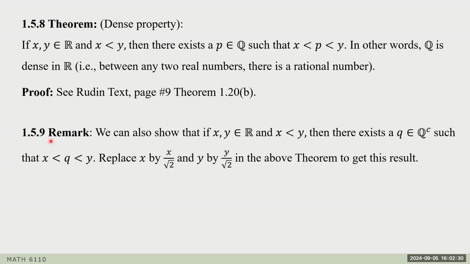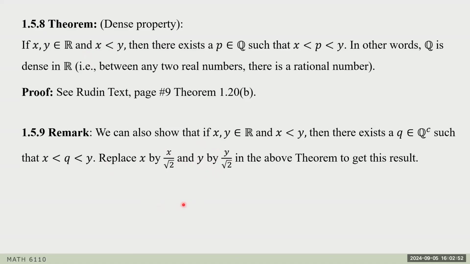And how to prove that you could find an irrational number if you know this theorem 1.5.8. You just replace x in this theorem by x over root 2 and y by y over root 2, and you multiply through by root 2. So you could try that.